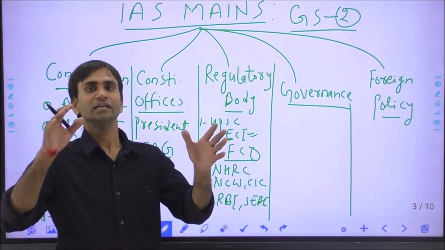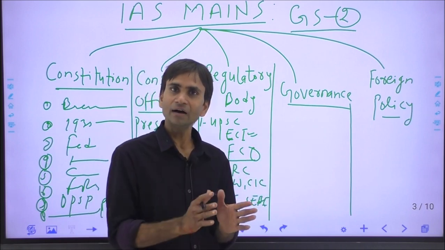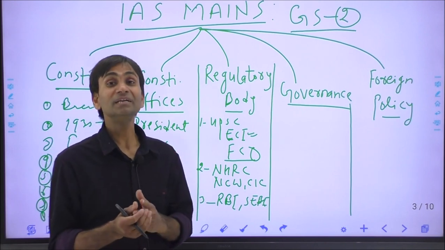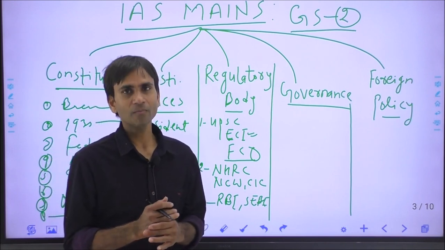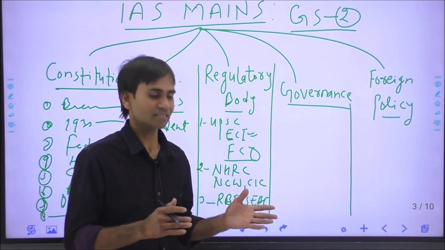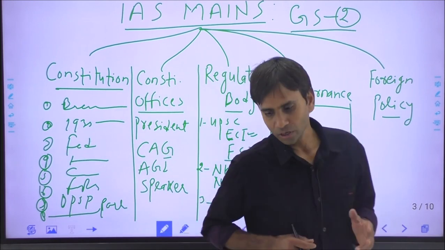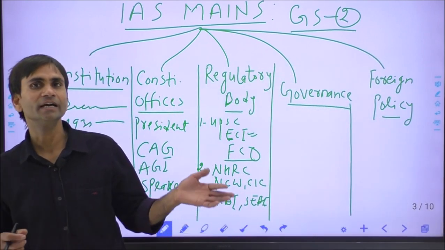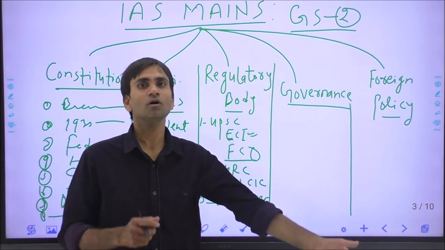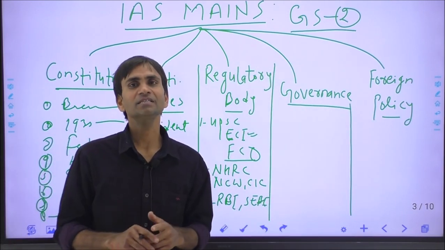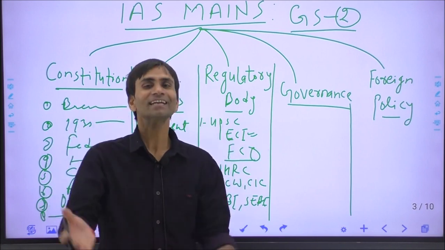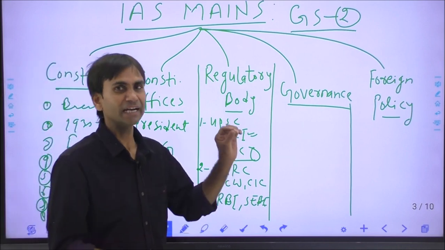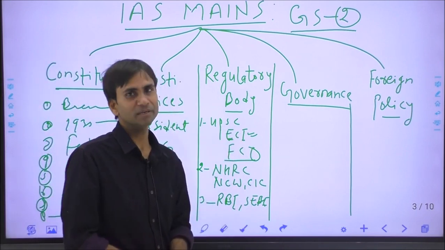Then IRDA regulates the insurance sector, and PFRDA regulates pension funds. Then the BCCI, Board of Control for Cricket in India. BCCI has recently been in the news because the Union government ordered BCCI to do or not to do certain things, and BCCI reacted that it is an autonomous organization and asked how the government could interfere in its functioning.